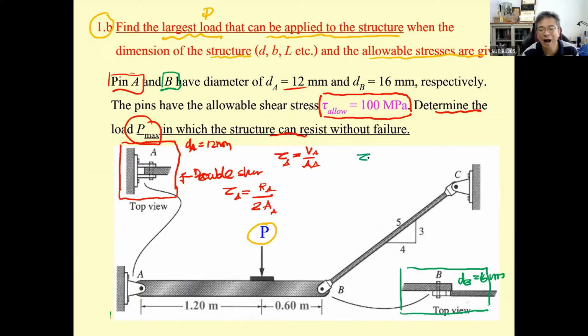We have tau sub B equal to V sub B divided by A sub B. Now, this is single shear.